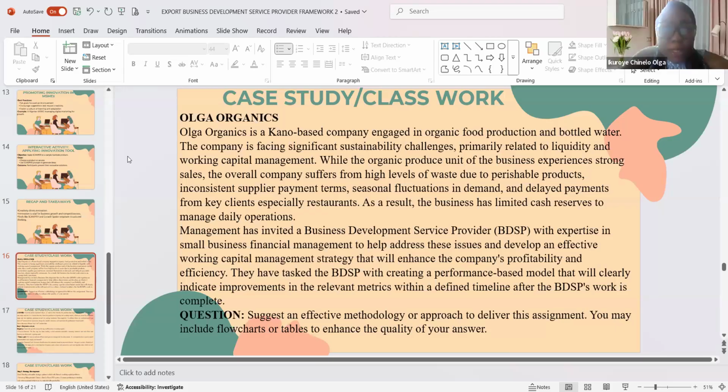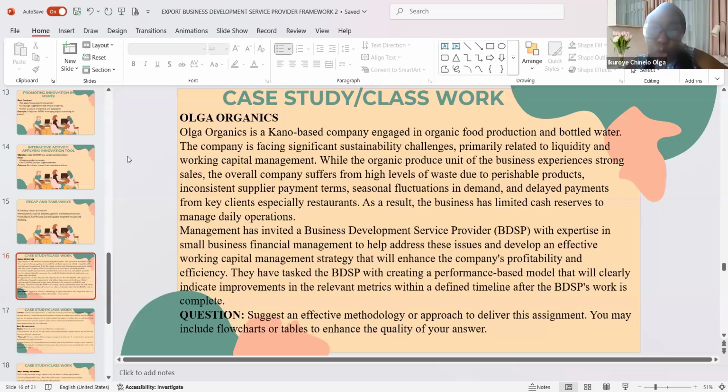Okay. Olga Organics is a Kano-based company engaged in organic food production and bottled water. The company is facing a significant sustainability challenge, primarily related to liquidity and working capital management.